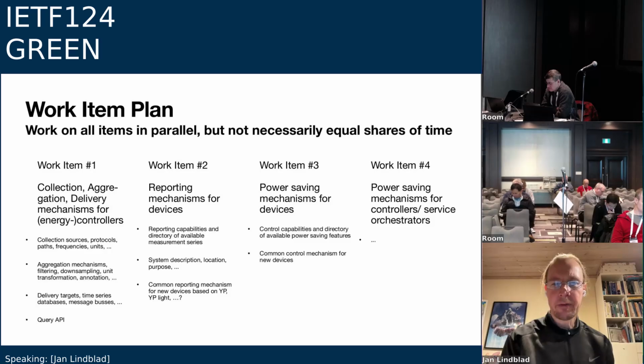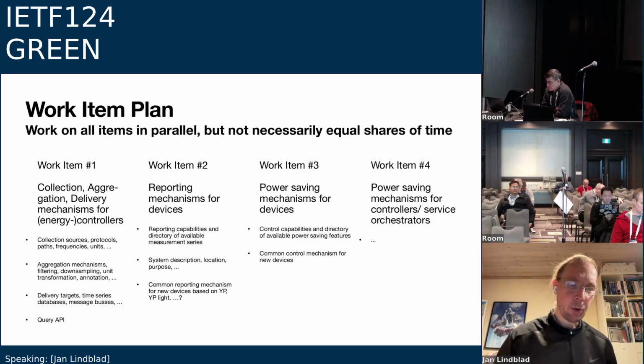And work item 3 is to be able to control the power of devices, so that you can give them a sort of policy-based energy management interface and specify which policies you would like the devices to follow. And work item 4 is to do the same on a higher level, network level, controller level, orchestrator level.